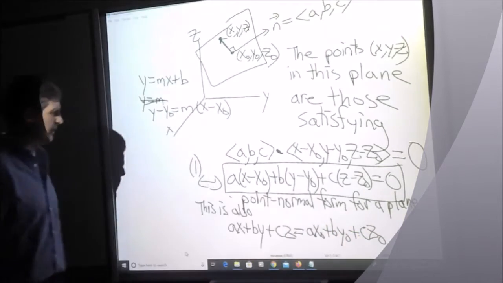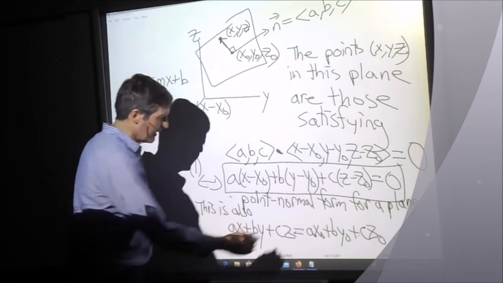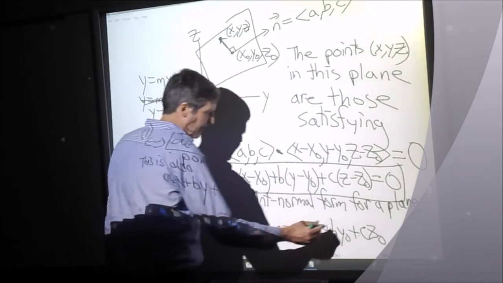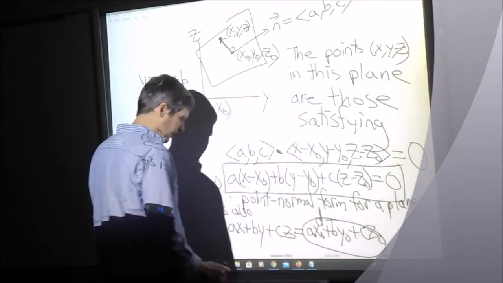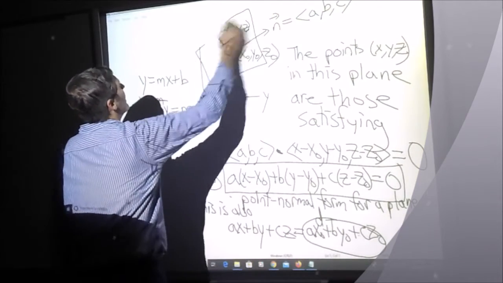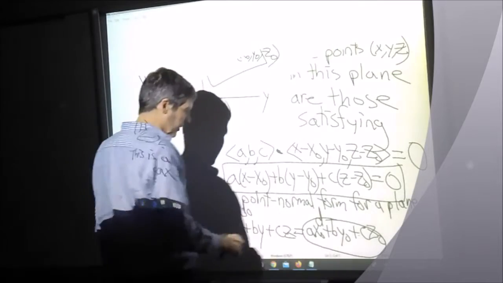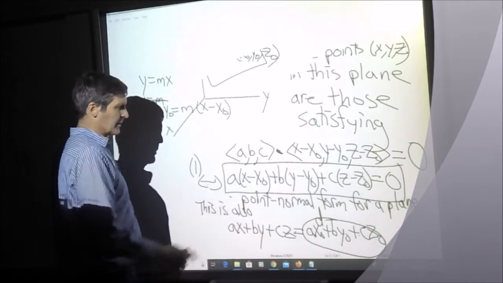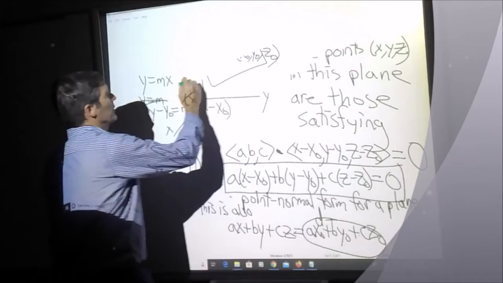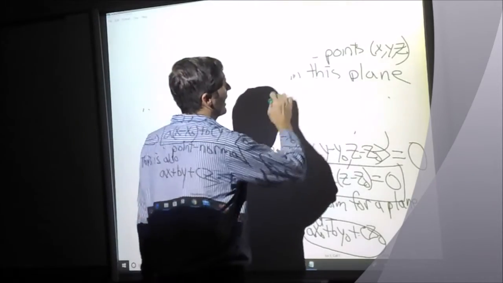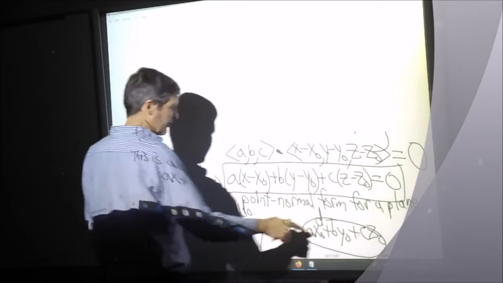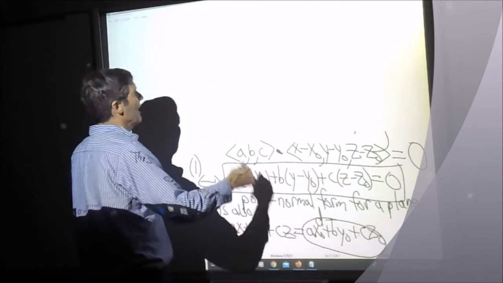This is another way we could write an equation for the plane. And recognizing that this all just adds up to a number, we could call that d. Here's another way to write the equation of a plane that's equivalent to the point normal form. And any plane now can be written in this form, and anything in this form can be put back here.